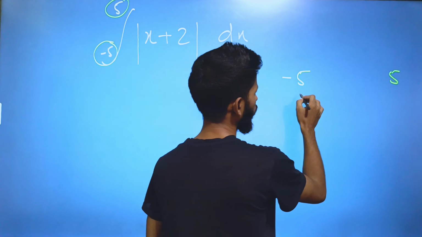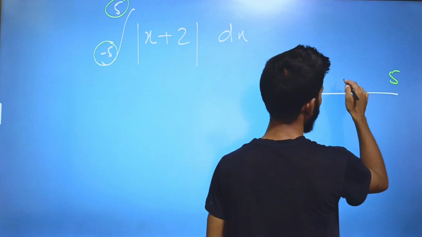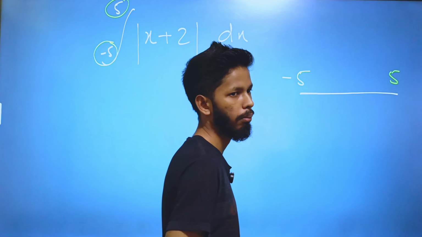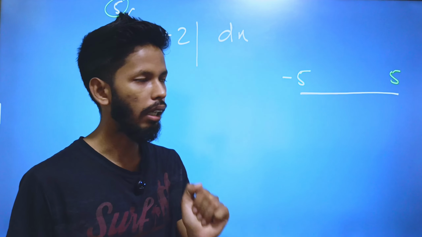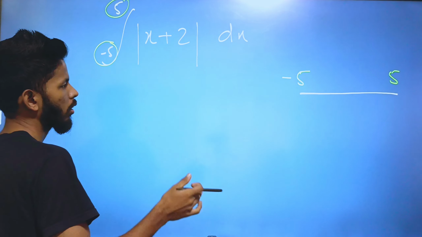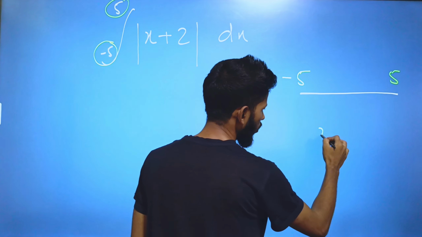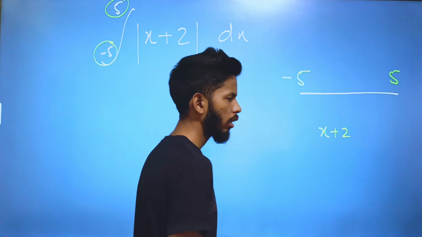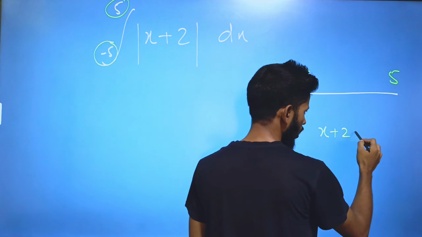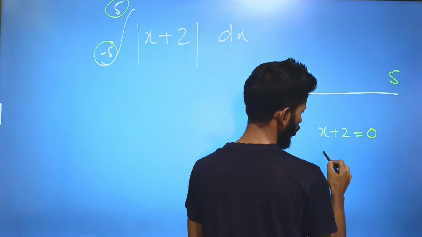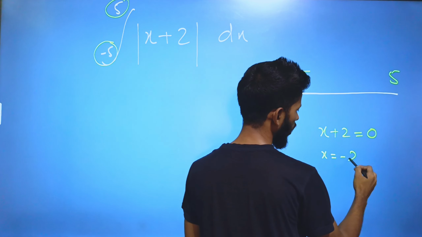How to divide? From minus 5 to 5 we can divide in many different ways, but exactly at which point we will rest, for that we need one formula. Whatever is given, x plus 2, if we take x plus 2 equal to 0, we will have x equal to minus 2.